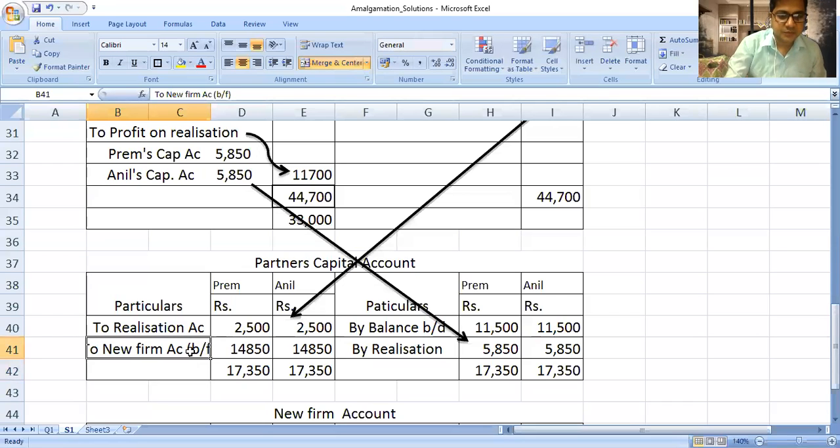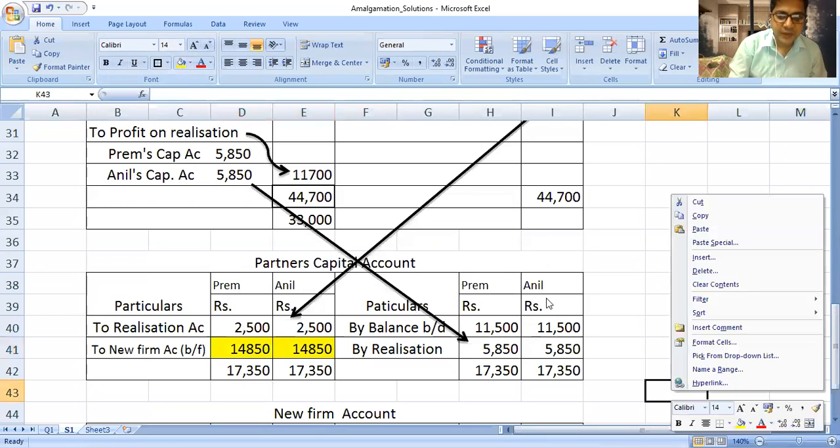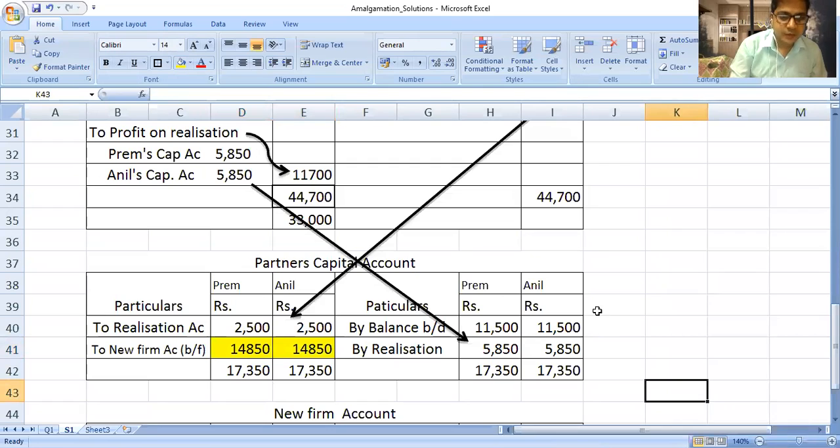This particular balancing figure we will transfer to new firm account. It is the balance of Prem's value of 14,850 and Anil's value also 14,850. I hope you understood this.